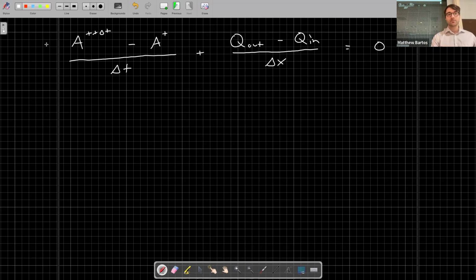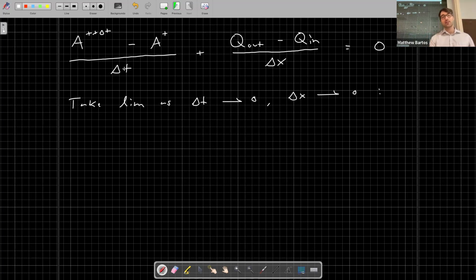Now I'm going to take the limit as delta t goes to 0 and as delta x goes to 0. When we do that, we get the following differential equation.